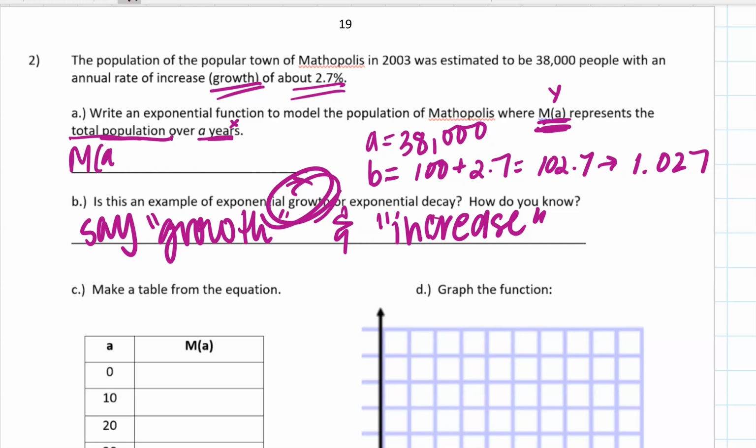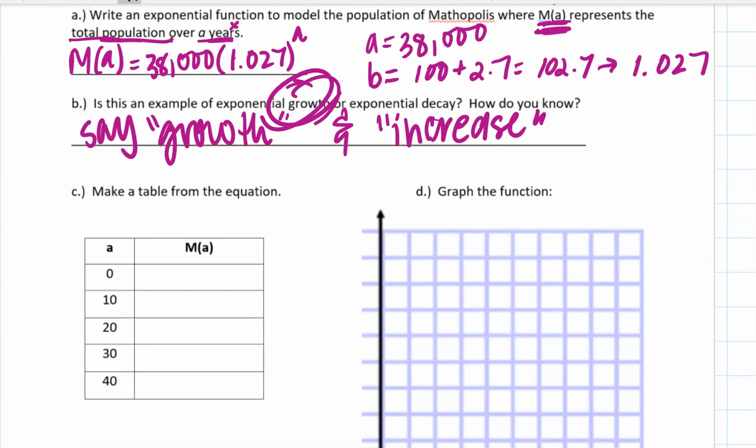So M of A equals 38,000 times our exponential base raised to A, because that's what it's asking for, but this is really our X value. Okay, so that's our equation for part A.